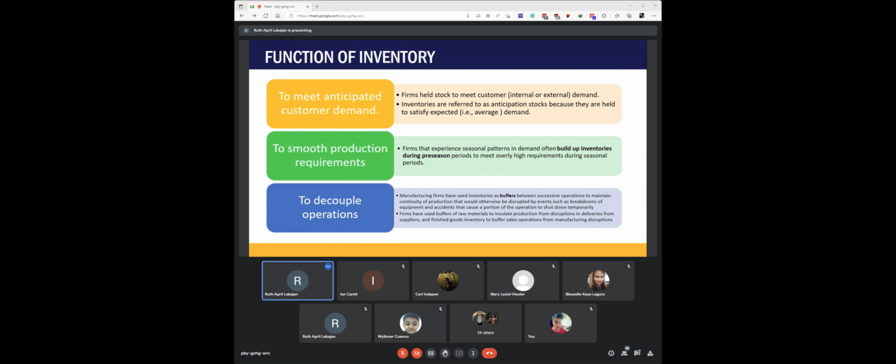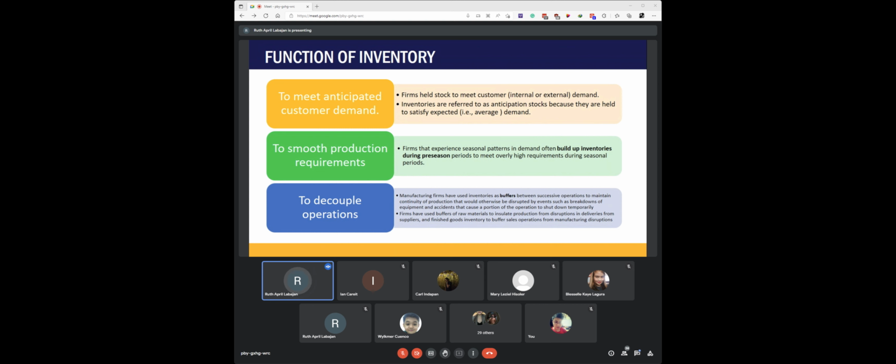If you remember our discussion in the last topic, the manufacturing strategies, the make to stock strategy. If you remember that Lego company, they have forecasted that in December, the demand for Lego toys is 40% higher.